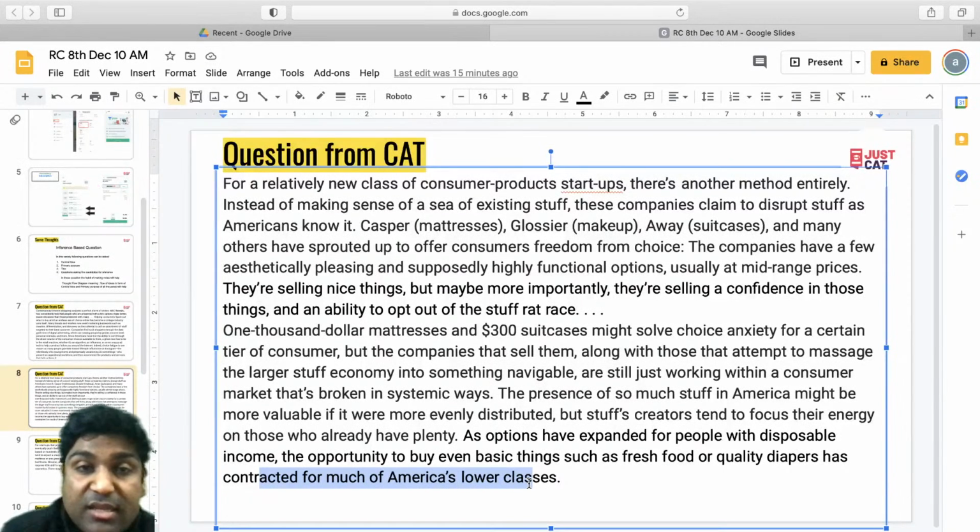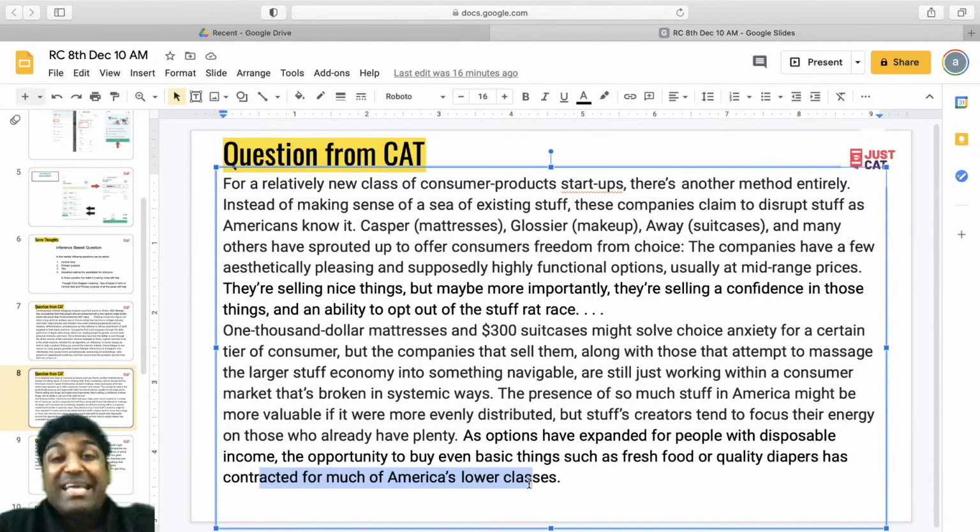So this is basically what they're talking about in this paragraph. They're talking about how there is a fragmentation in the market, and the goods or the products are not evenly distributed for all socio-economic groups in America, which is true of every country.